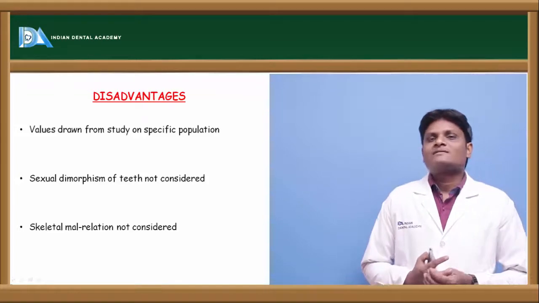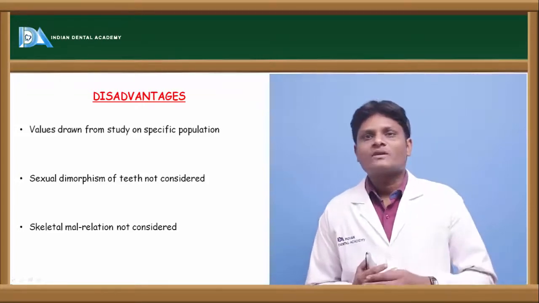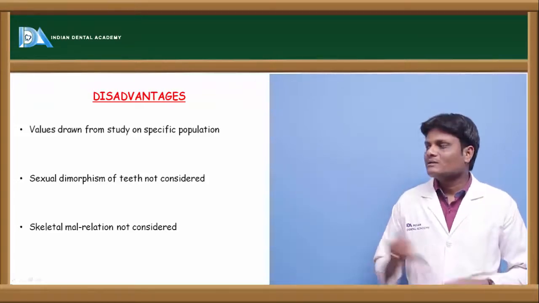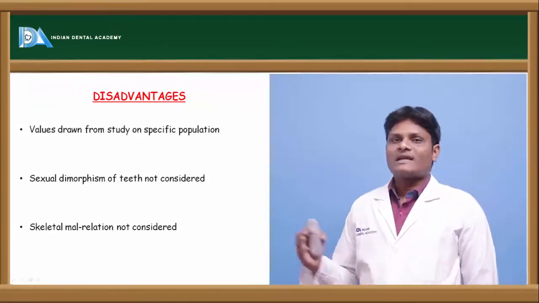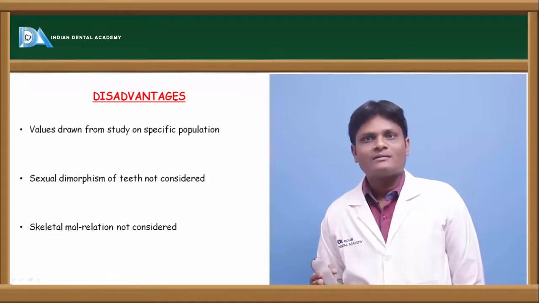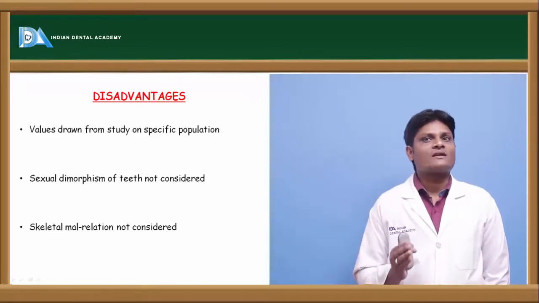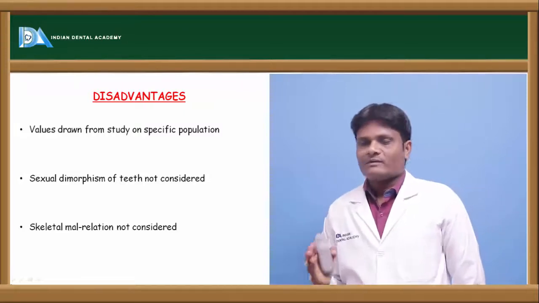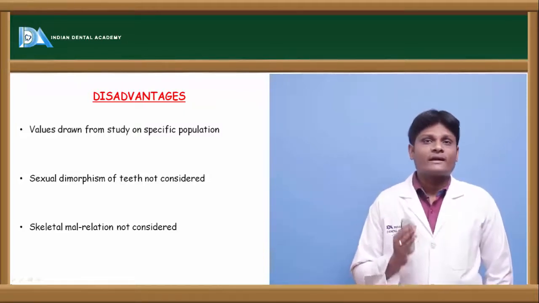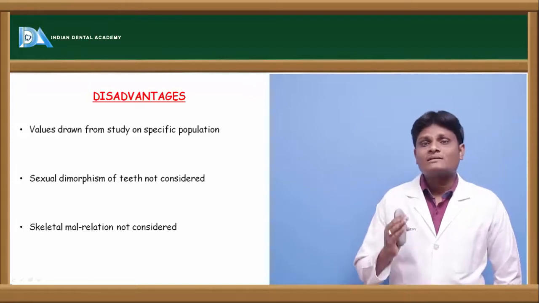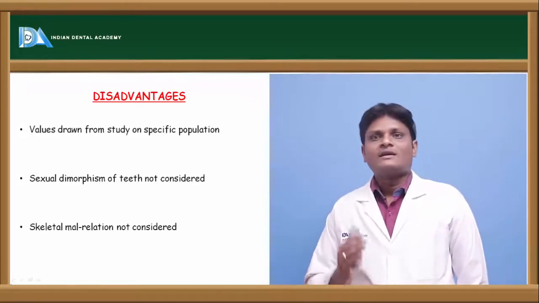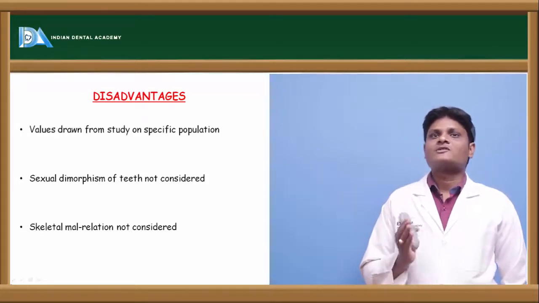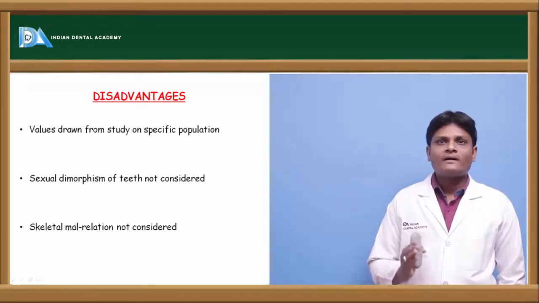One more disadvantage is we can't see the inclinations of the roots when we use a study model. So these are important disadvantages of study models, yet there are more advantages in drawing a diagnosis and a conclusive treatment plan, as study models are essential diagnostic aids. Remember, study models are one of the essential diagnostic aids. Despite their disadvantages, they have much relevance to clinical diagnosis and treatment planning.